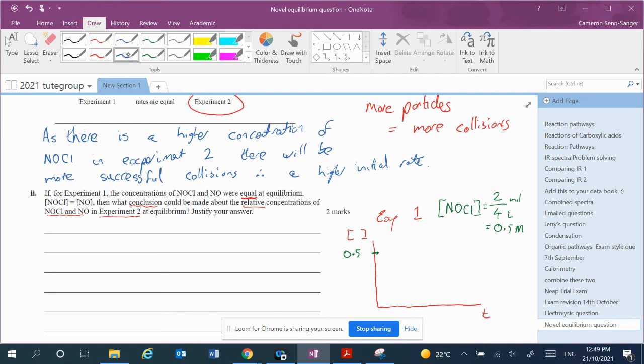When we look also at the mole ratio of NOCl to NO, 2 to 2, which is equivalent to 1 to 1, this means that as the concentration of NOCl is getting smaller, the concentration of the NO must be getting higher at the same rate, and that they must meet in the middle. This point where they're going to meet is going to be 0.25. Obviously this concentration here is in molar.